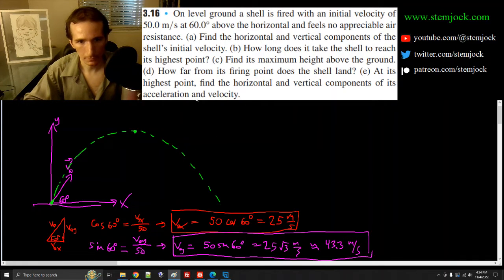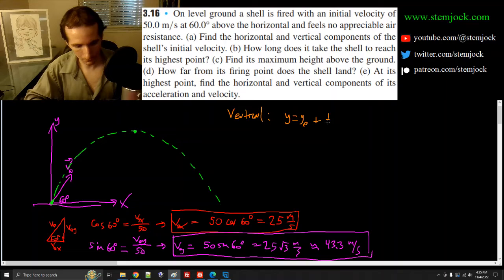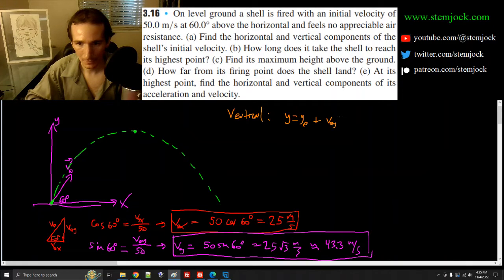We're going to look at the motion in the vertical direction. So the kinematic equation is going to be y equals y naught plus v0y times t, plus 1/2 ay t squared.